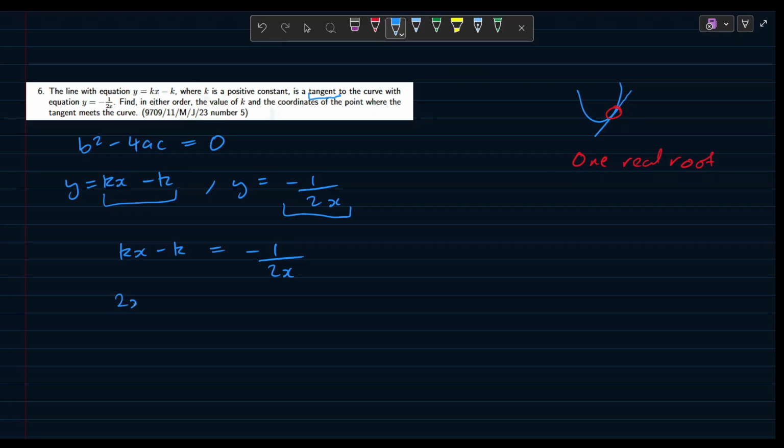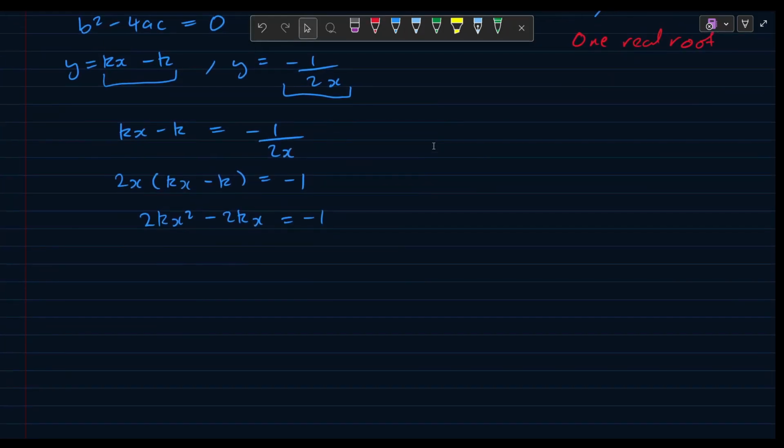That becomes 2x times kx minus k is equal to negative 1. So 2x times kx gives us 2kx squared, and then 2x times negative k gives us negative 2kx, and this is all equal to negative 1. Let's move the negative 1 to the left hand side.